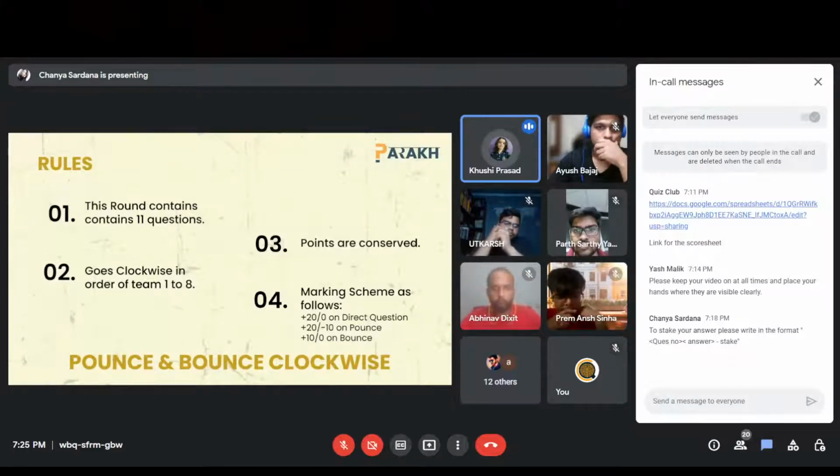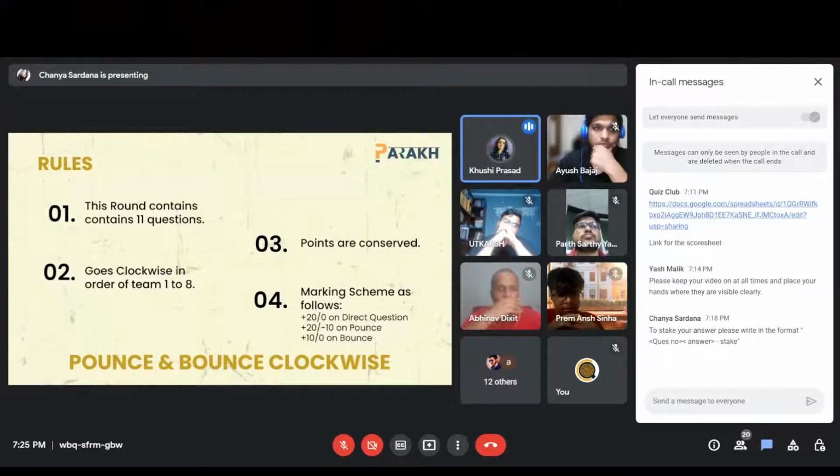The marking scheme is as follows. If you answer your direct question correctly, you will be given plus 20, and minus 10 if you get it wrong. Plus 20 and a negative 10 if you bounce the question, and plus 10 or 0 on bounce.